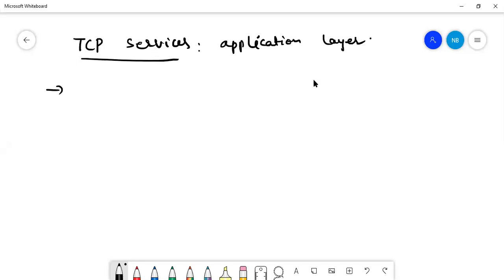So TCP is providing services for which layer? The application layer. Let us see what services are provided. The first one is process to process communication. It gives a service called process to process communication.